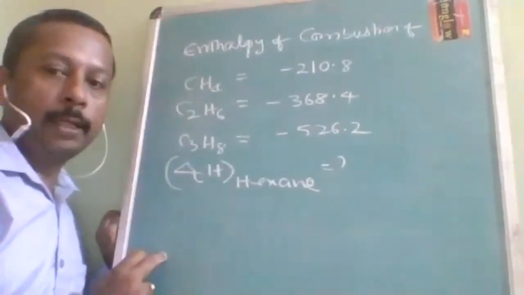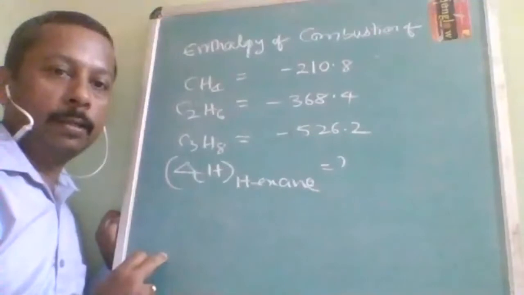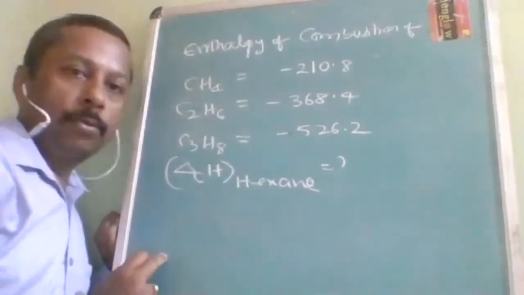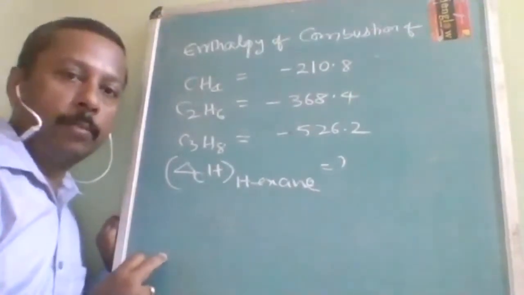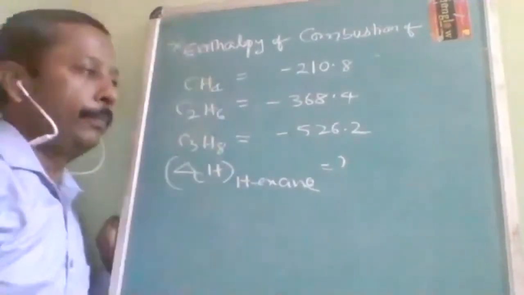Let's see how smartly you will solve it. Try to solve it, then I will tell you the trick. Unless you use your tricky brain, you will not be able to solve this very good, tricky question.